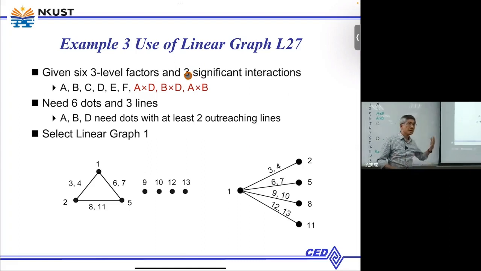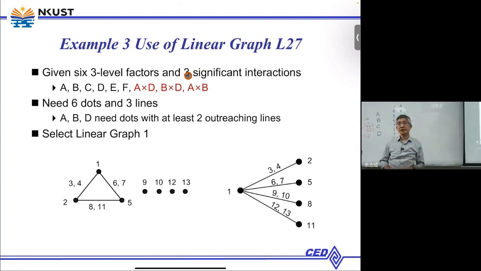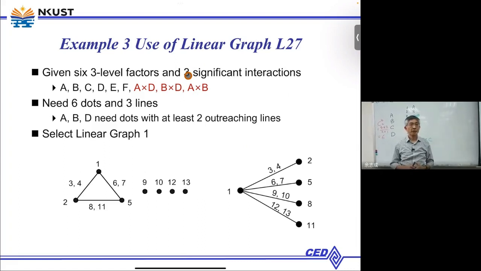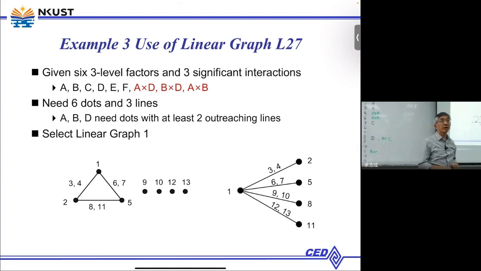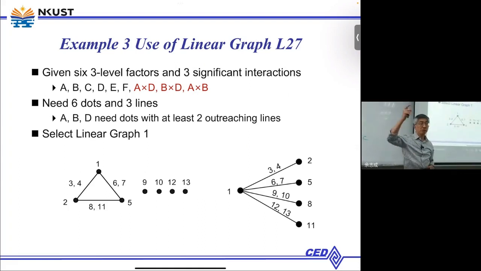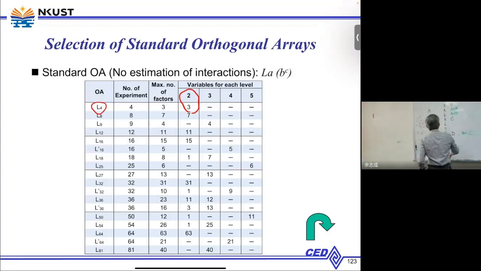Now we want to assign this design to an orthogonal array. That's from the selection of orthogonal array table, right? Remember, we double check. We need to find the design to fit 6 three-level factors, and let's go into the columns. And this example, as I mentioned, is a different arrangement.